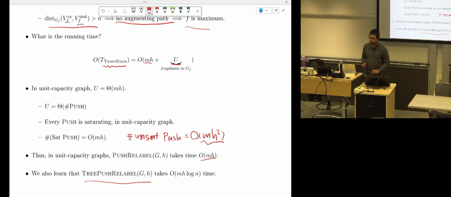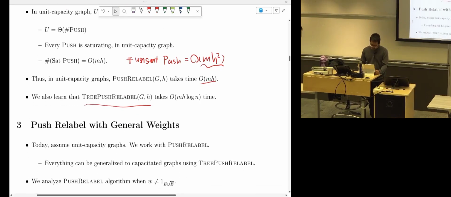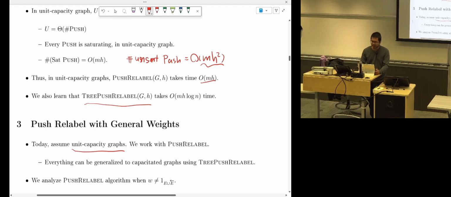And we learned this. Good. But for today, let me assume a unit capacity graph just for simplicity. We don't want to talk about that push-relabel variant because we can do it, but it just complicates things. Let me introduce a new idea on just unit capacity graphs with basic push-relabel.